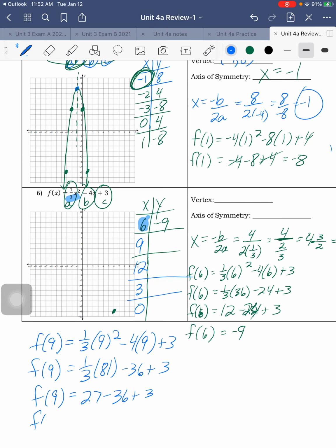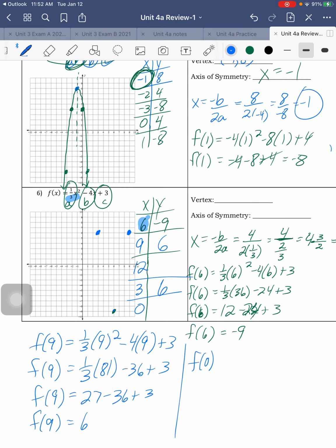So that's negative 9 plus 3, which is 6. So 9, 6. That means 3 to the right of the vertex is the same as 3 to the left, which is at 3. So 3, 6. All right, we need to do one more point.